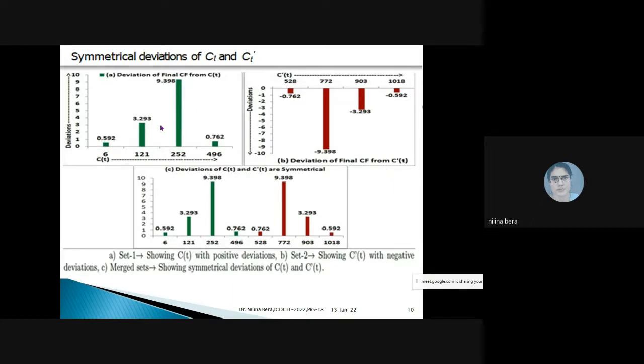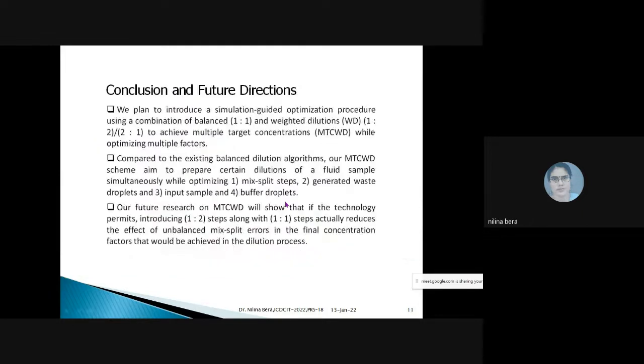Deviation is also symmetrical. For a target of 6, the corresponding complement is 1018, and for each complement the deviation is also symmetrical. For 121, the complement is 903. Similarly, for 496 the complement is 528. The deviations are also symmetrical.